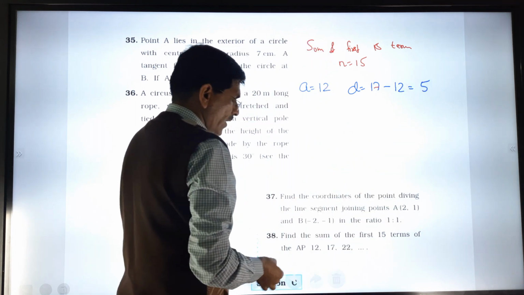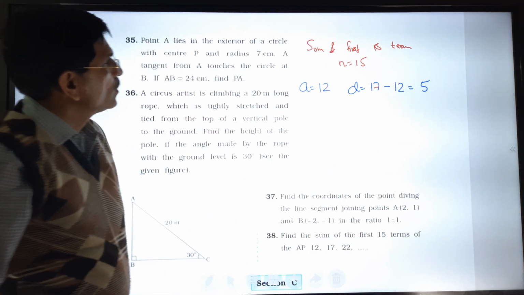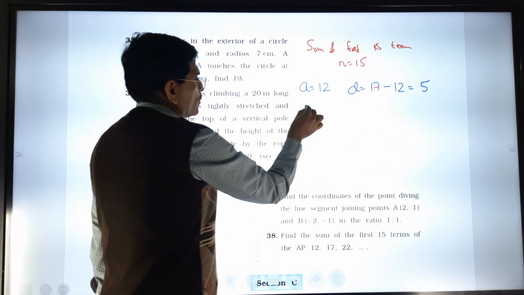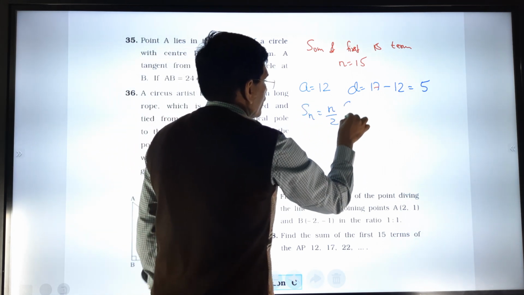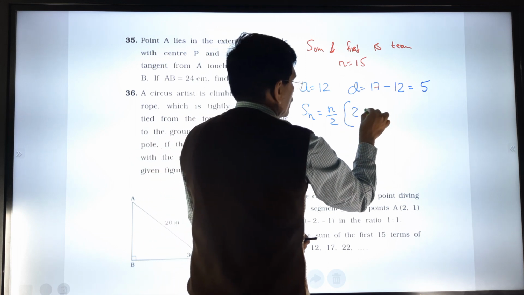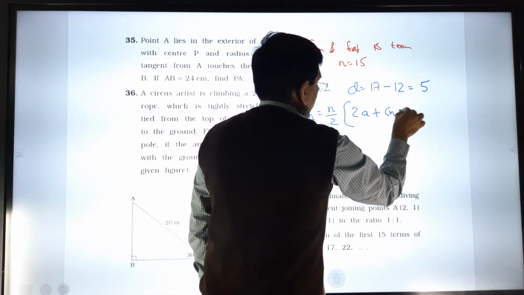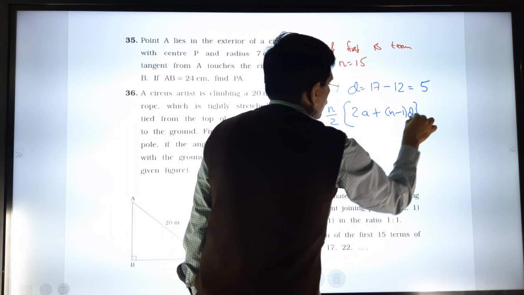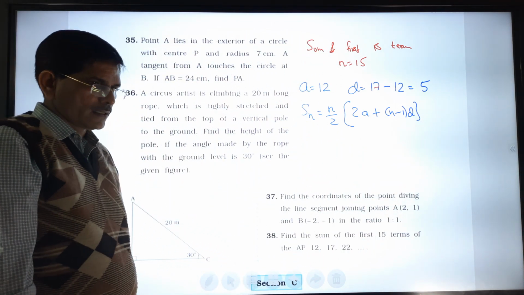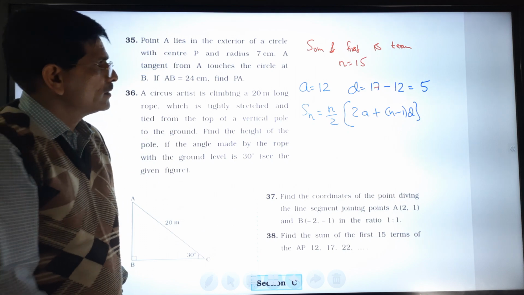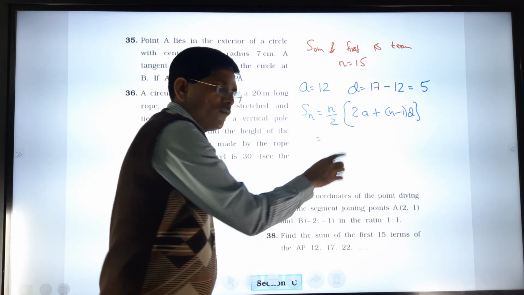that is 5. So the formula I have to put is Sn is equal to n by 2 in bracket 2a plus (n minus 1)d. Now you put all these values, you will get a 100% correct answer.